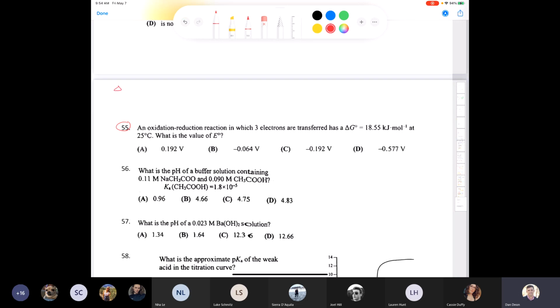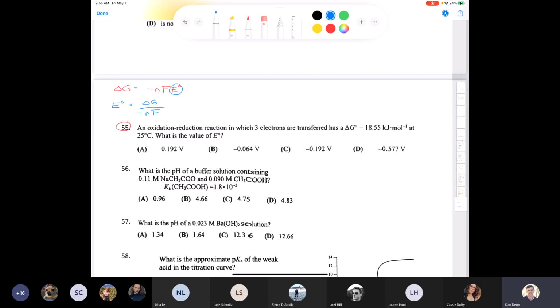Well, we know the formula that delta G is equal to negative N, the number of electrons, multiplied by the Faraday constant, multiplied by E naught. So if we're solving for E naught, we can rearrange this to E naught equals delta G divided by N times F.